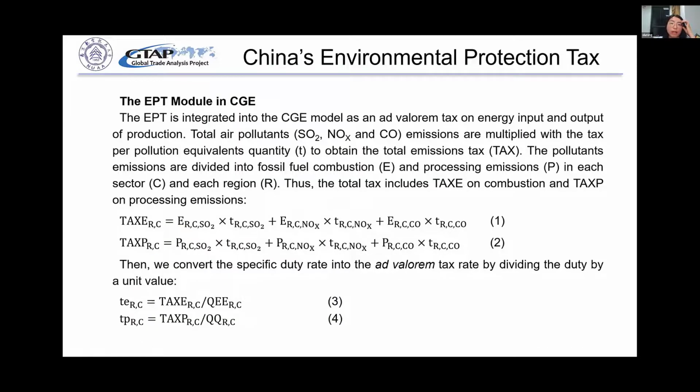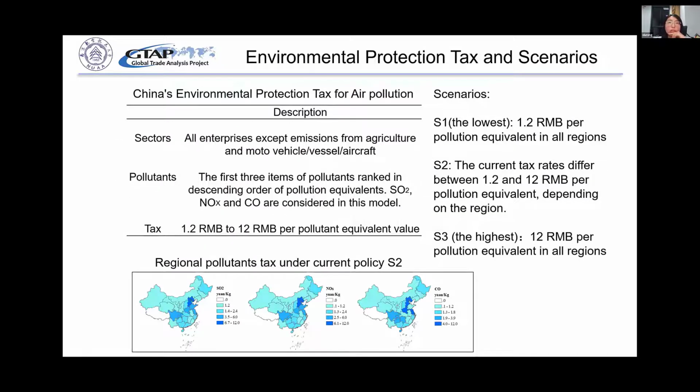And after model validation, we put the environmental protection tax into the CGE model, converting the specific duty rate into the ad valorem tax rate to put this module in the CGE model. According to the environmental protection tax law, it is levied on all enterprises except emissions from the agriculture and transport sectors.